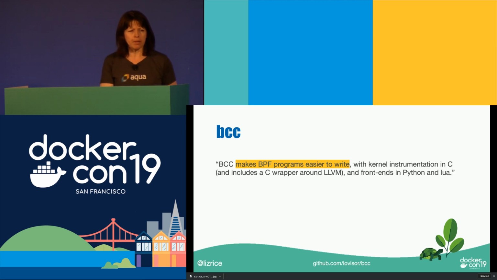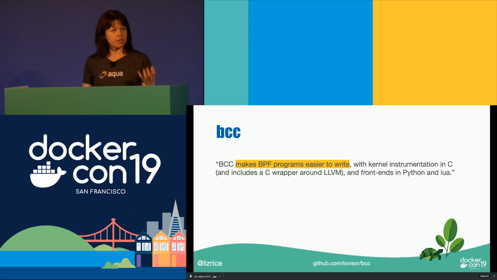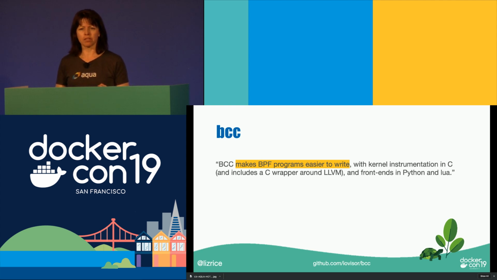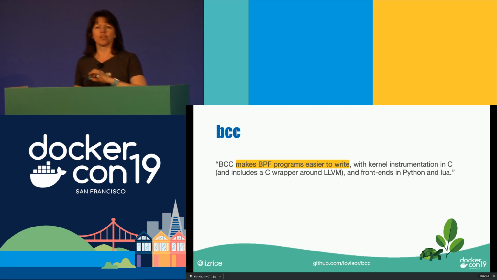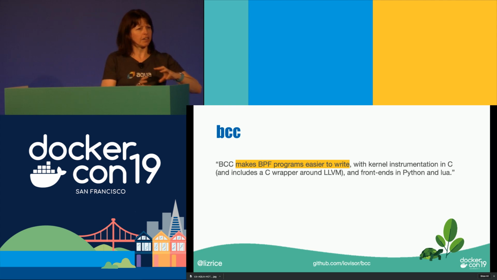Makes BPF programs easier to write. That sounds good. It wraps the LLVM components that we're going to need to build our eBPF programs, and it's going to give us some nice front-end language wrappers in languages like Python that are easy to write.